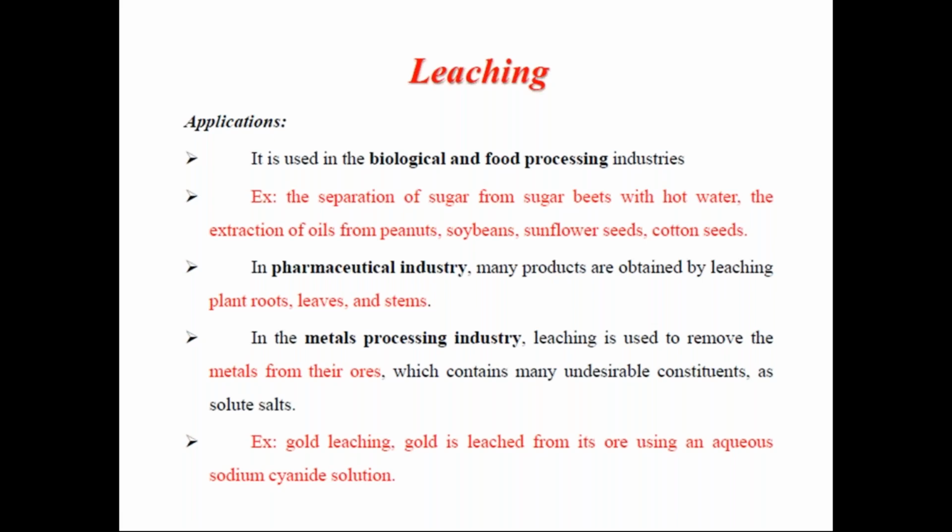Also in the pharmaceutical industry, many products are obtained by leaching plant roots, leaves and stems. And in the metals processing industry, leaching is used to remove metals from their ores, which contain many undesirable constituents as solute salts. So salts are usually washed out with acids in the metal processing industry.